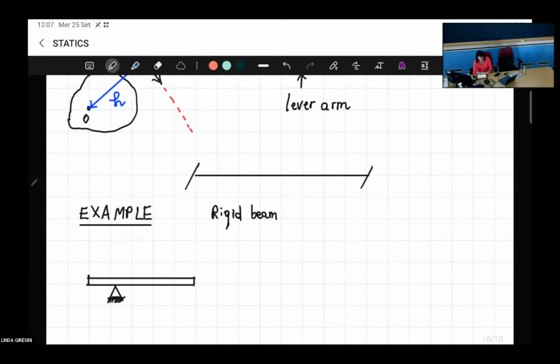So we have two forces, we call them P and Q. The total distance is L, and we assume that this shorter distance, from the left extremity, is A. This can be, I don't know, 1 meter, 2 meters, L can be 5 meters or so.